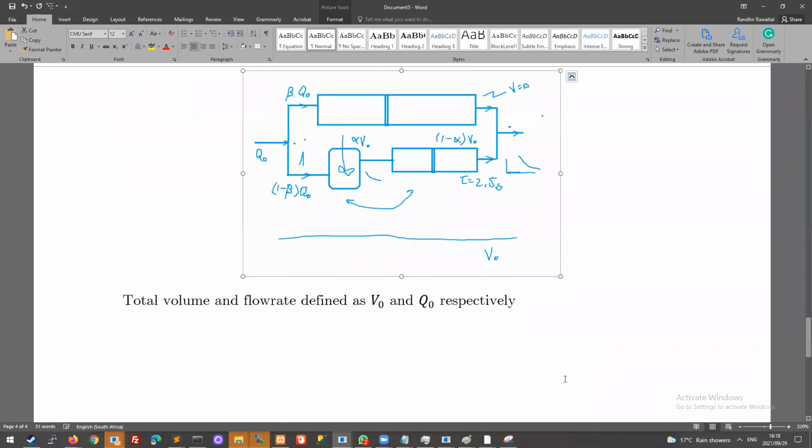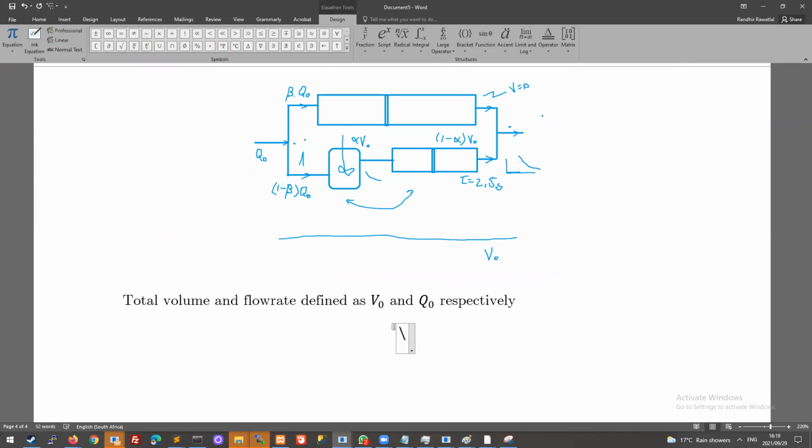Okay, now, so the flow rate, yeah, so to the CSTR part, we can say tau S is the CSTR's space-time.